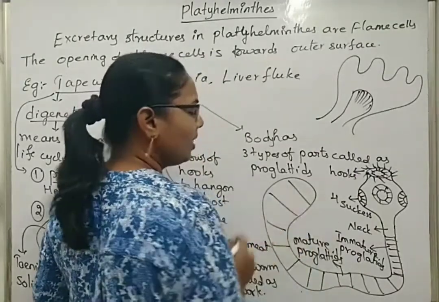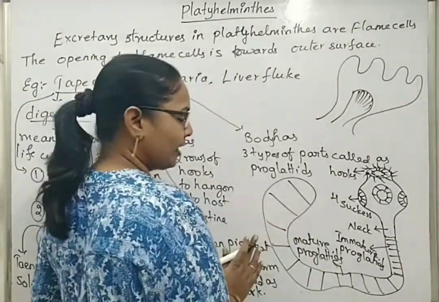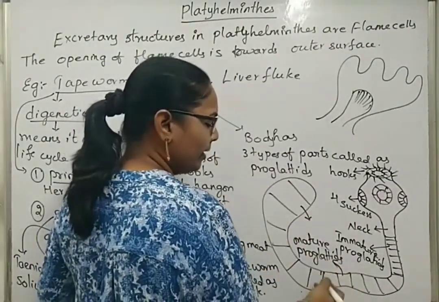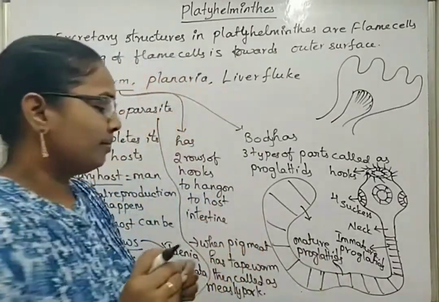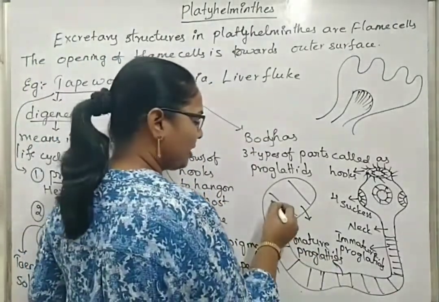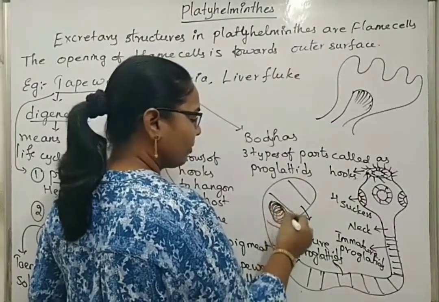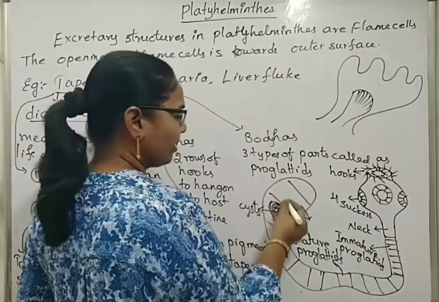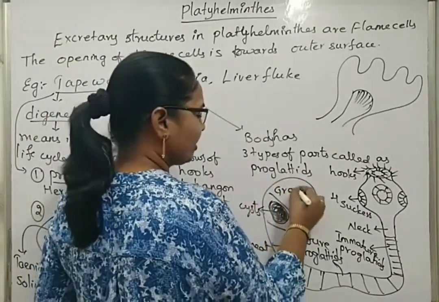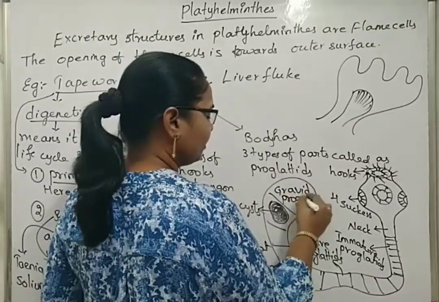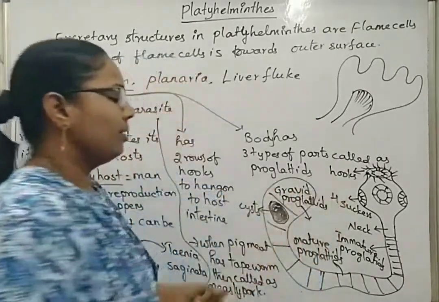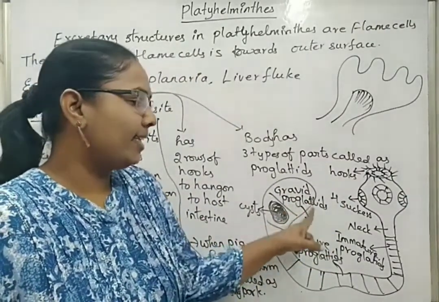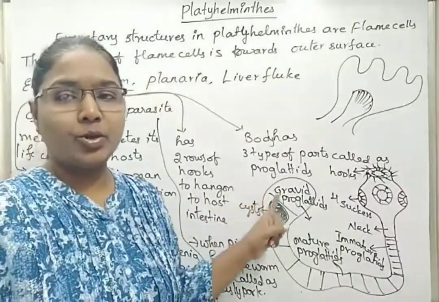The last type are also mature proglottids, but in the middle mature proglottids there are no cyst-like structures, whereas here there are cyst-like structures inside a highly folded uterus. These are called gravid proglottids. As the size and age of the tapeworm increase, these gravid proglottids detach from the body. That process of detaching is called apolysis.